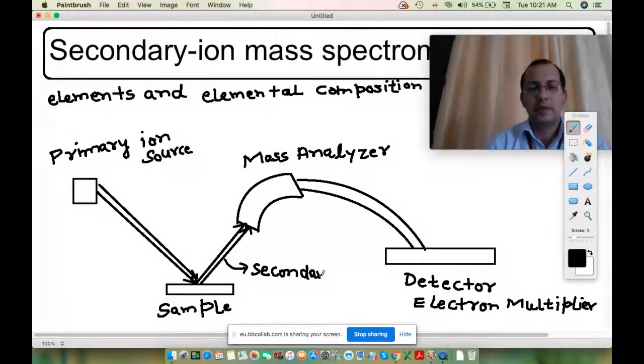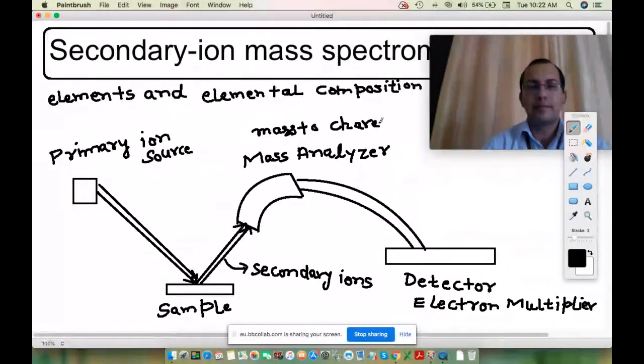Secondary ions. And with the help of this mass analyzer, you can separate the ions on the basis of the mass to charge ratio. So in this process you would have the detection.